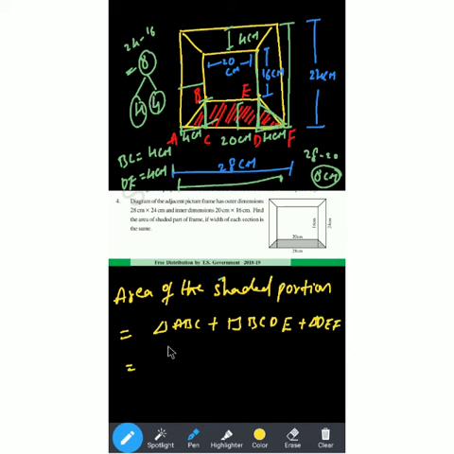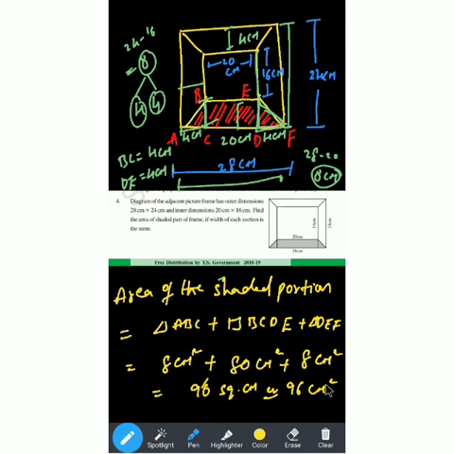That is 8 centimeter square plus 80 centimeter square plus 8 centimeter square. 80 plus 8 is 88, 88 plus 8 is 96. So 96 centimeter square is the area of the required portion. I hope you understood.